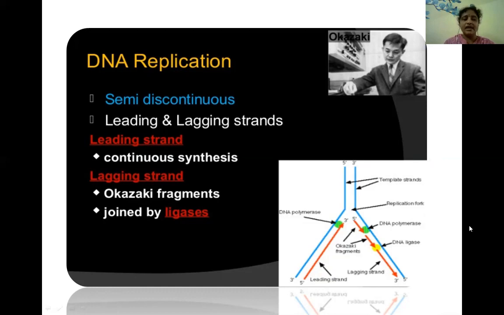The second strand, which is also known as the lagging strand, is discontinuously extended by a large number of primers, which is very clear in this diagram. Therefore, the mechanism is called semi-discontinuous mechanism. So remember, the leading strand is continuously extended by a single primer, and the lagging strand is discontinuously extended by a large number of primers.